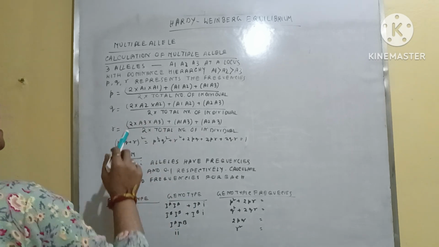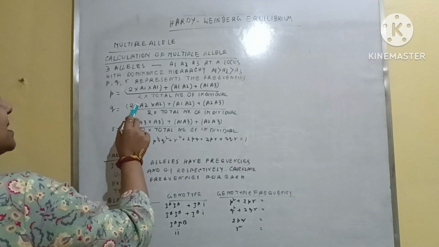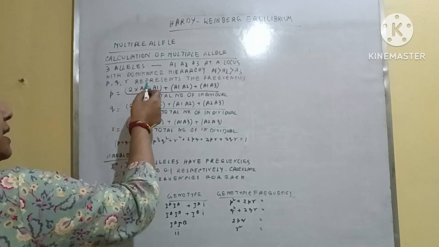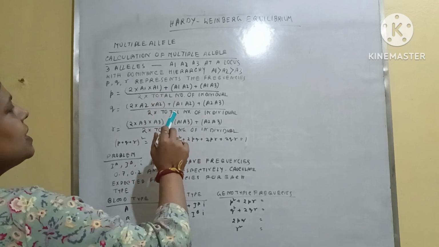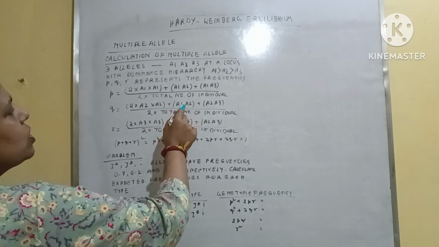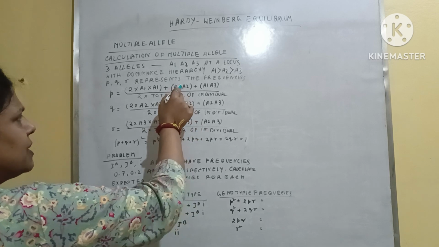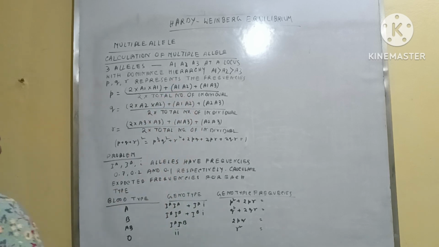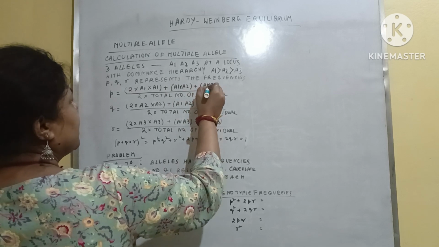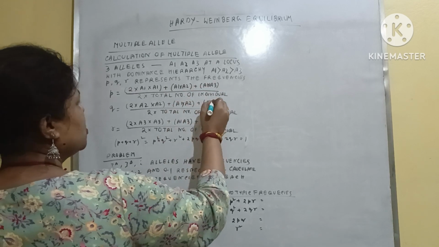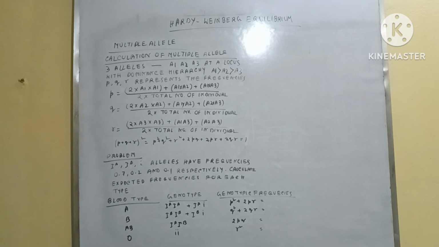In the second case, q, that means 2 into A2 A2. This is the same, A1 A1 I have taken here, and here A2 A2. But you can see that these are also the same, A1 A2, that means multiplication. There is a multiplication sign, A1 A2 and A2 A3, by 2 into total number of individuals.